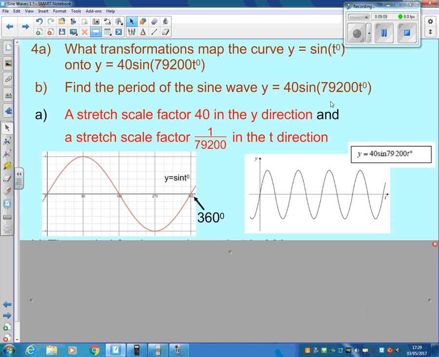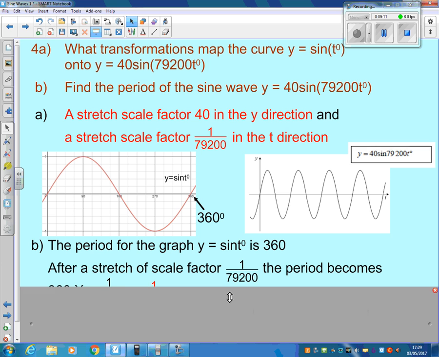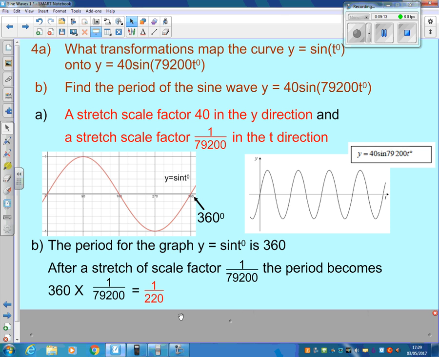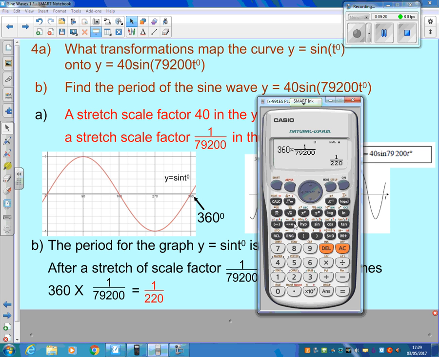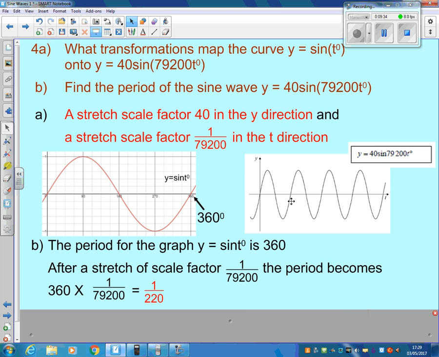Alternatively, I could instead have just done 360 divided by 79200, and notice it comes to 1 over 220. So it's going to be a very small number. This number that goes in there is 1 over 220.